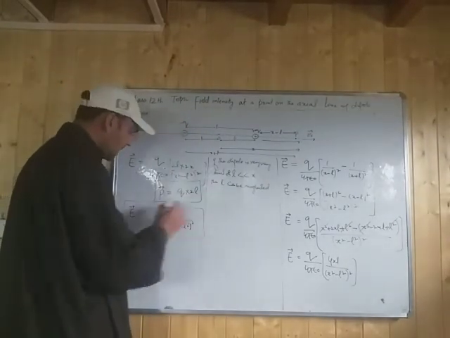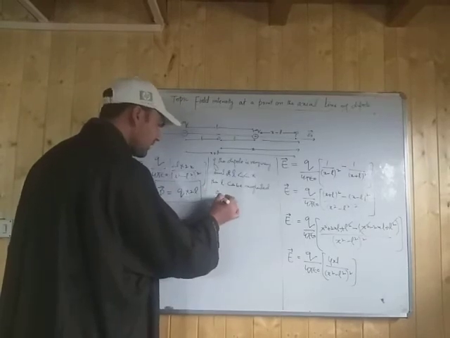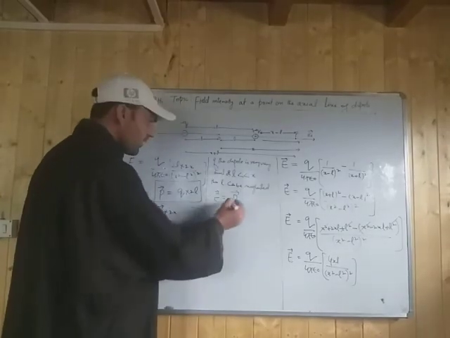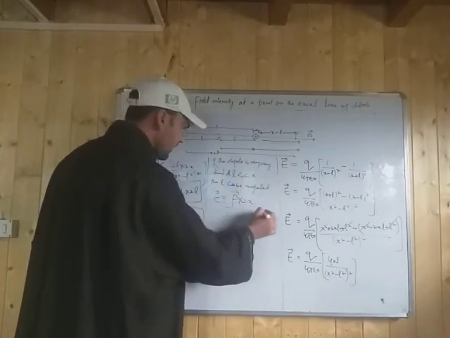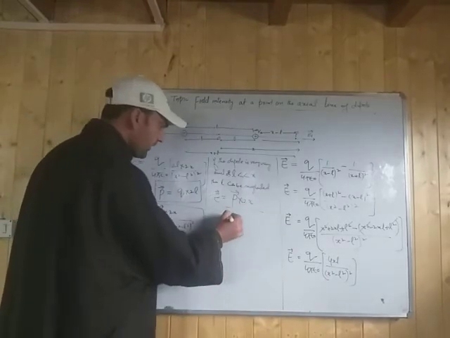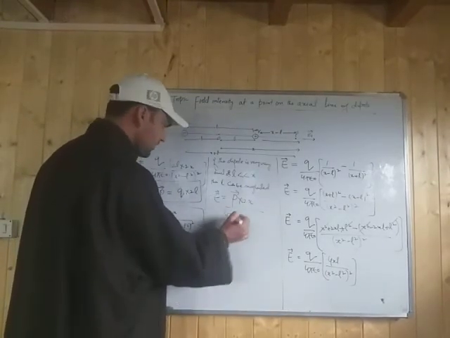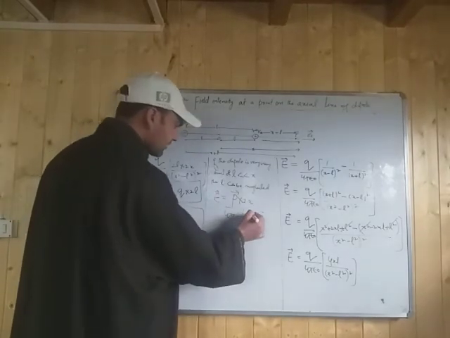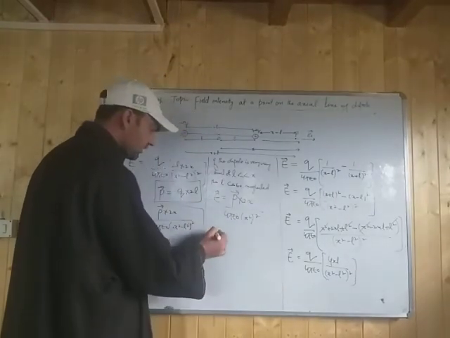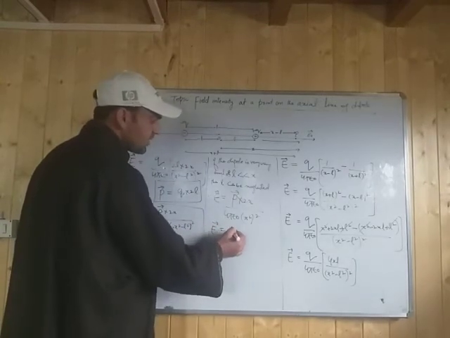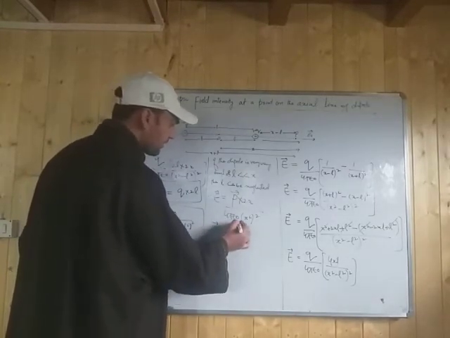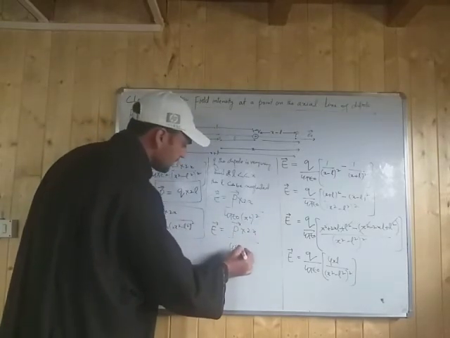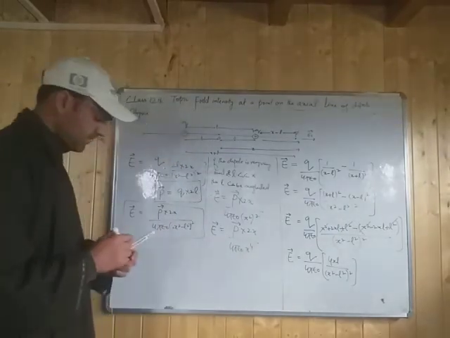Therefore, we can write the electric field intensity E is equal to dipole moment P into 2x divided by 4 pi epsilon naught into x square whole square, neglecting L square. So that is P into 2x divided by 4 pi epsilon naught x raised to power 4.